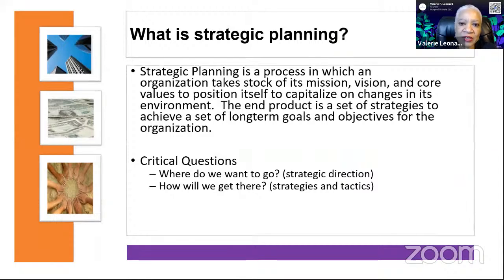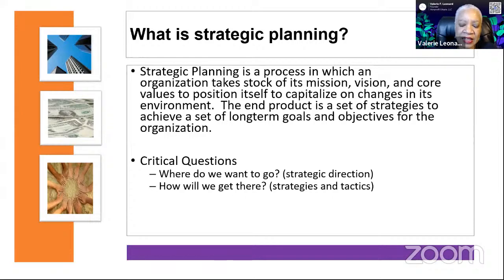All right, and before we go into theory of change, we want to talk about strategic planning. And for our purposes, we're defining strategic planning as a process in which an organization takes stock of its mission, vision, and core values to position itself to capitalize on changes in its environment. And the end product is a set of strategies to achieve a set of long-term goals and objectives for the organization.